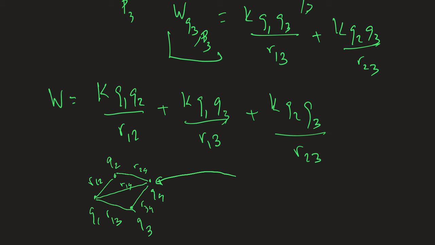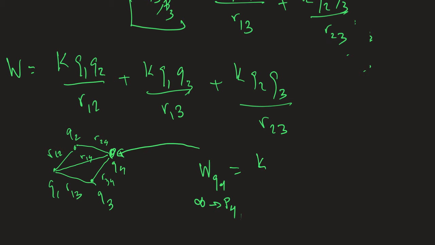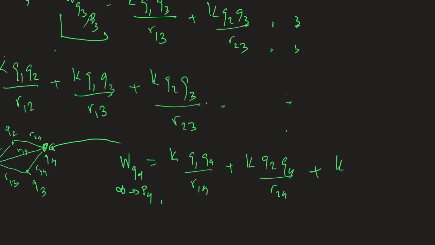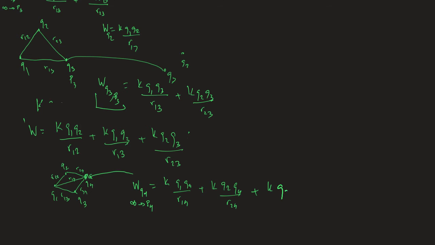So the work for bringing the charge Q4 from the infinity to the position, let's say this is the position P4, will be K Q1 Q4 divided by R14 plus K Q2 Q4 divided by R24 plus K Q3 Q4 divided by R34.